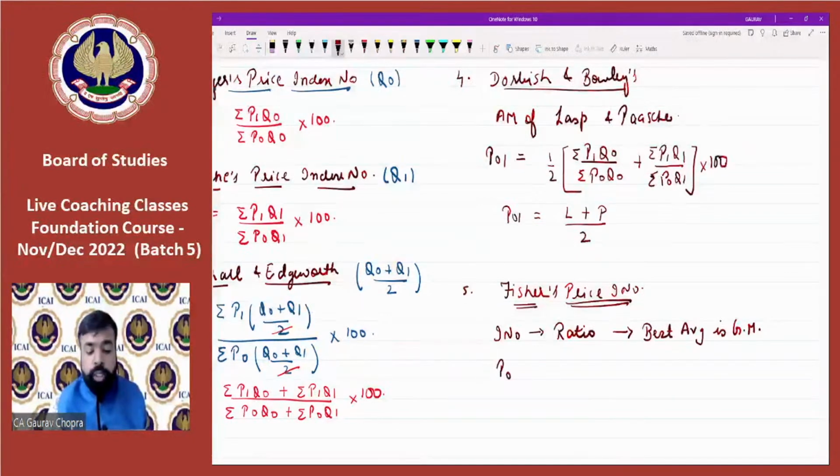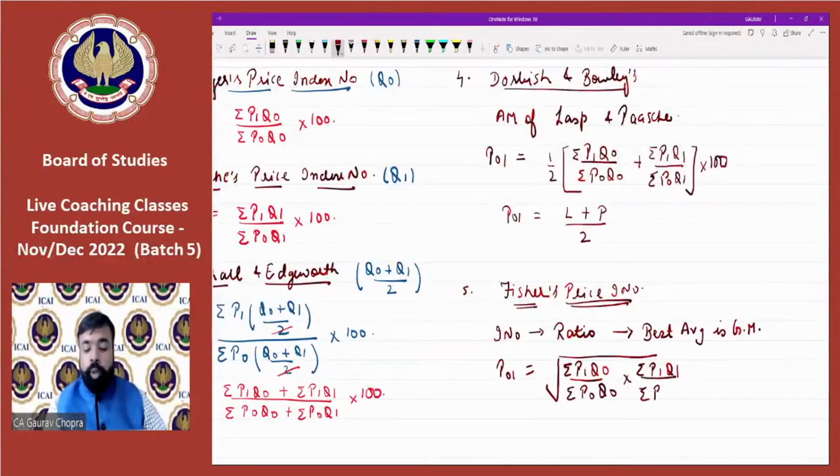So Fisher took geometric mean of Laspeyres and Paasche. So we can write the formula sigma P1 Q0 upon sigma P0 Q0 multiply by sigma P1 Q1 upon sigma P0 Q1 and then multiply by 100.